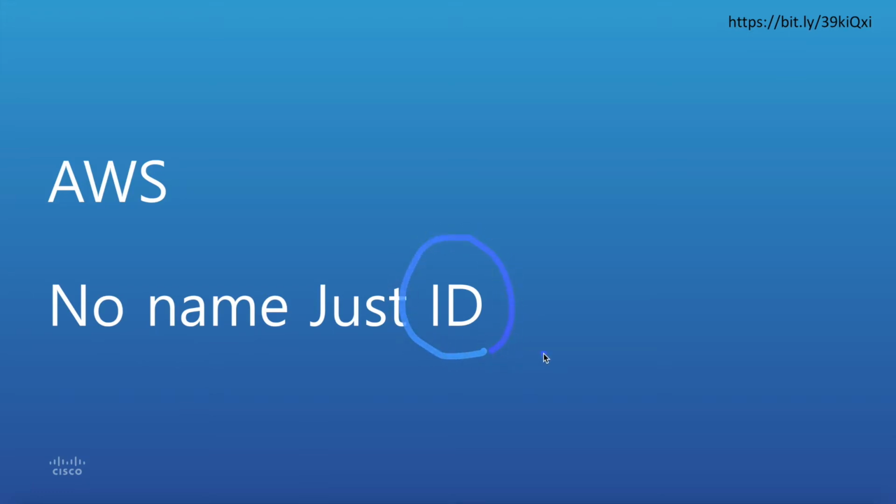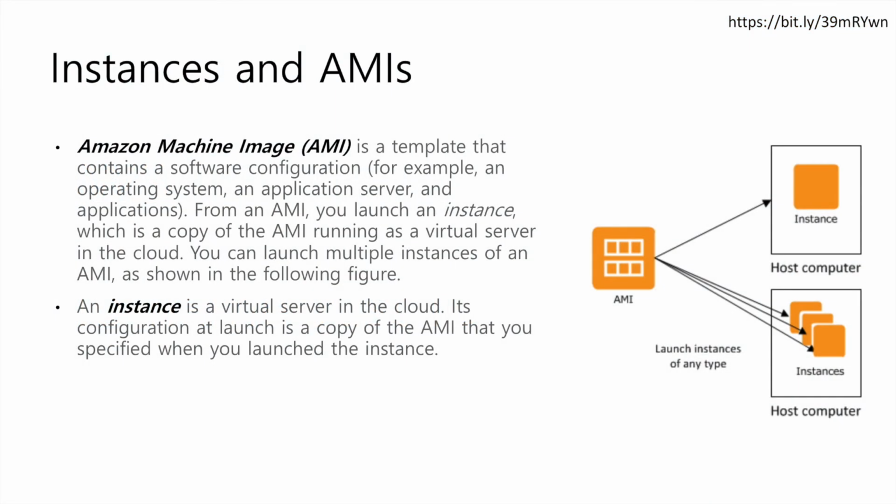Last time when I used the Cisco ICE, Identity Services Engine, at that time also everything was made with IDs. Even MAC address is not used uniquely. The ID was used. Like that, in AWS, everything is used with ID, no name. That's the first thing we have to remember.